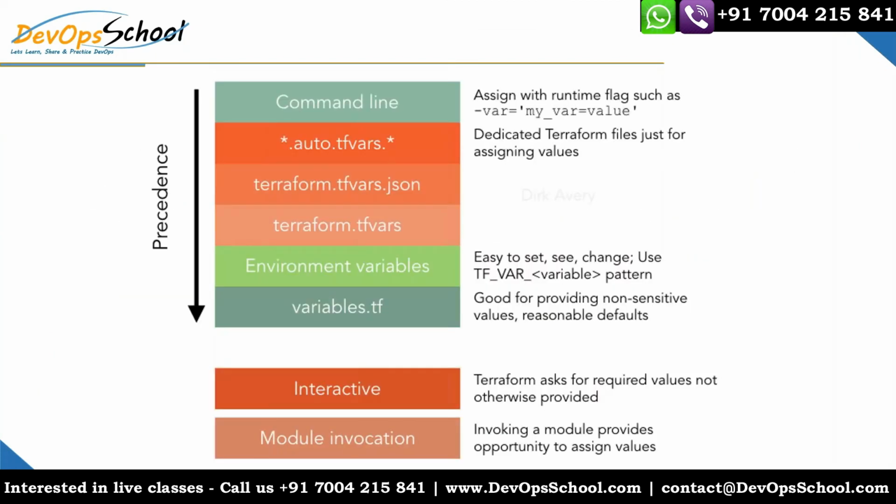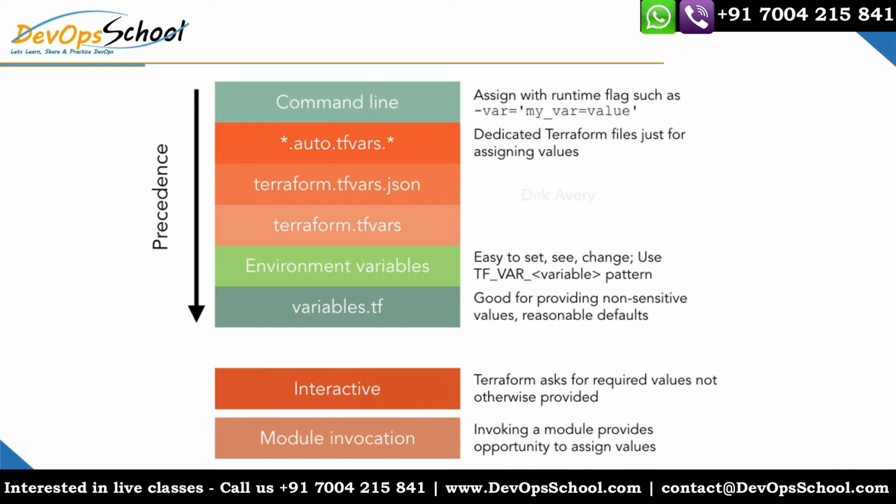Look at this slide. I repeat my question. If you set the variables at every place which I talked about, then which will have the highest precedence? See, guys, you can declare the variables on the command line. You can declare the variables in the .auto.tfvars file. You can declare the variable in the terraform.tfvars.json file.